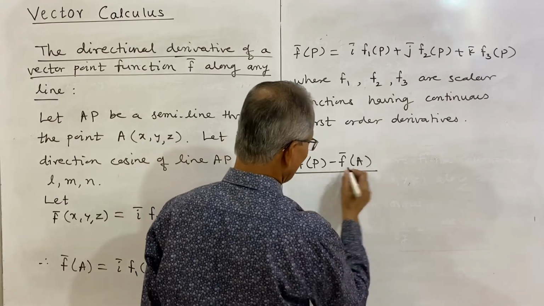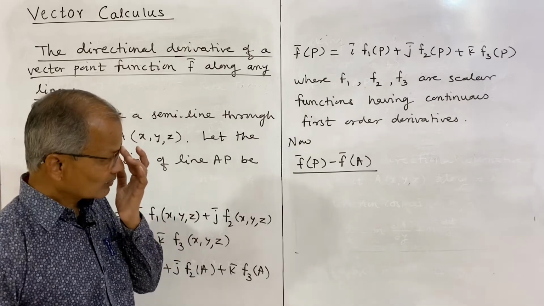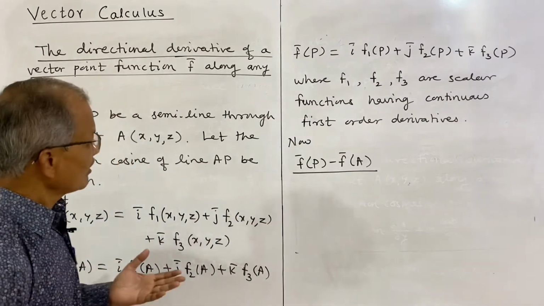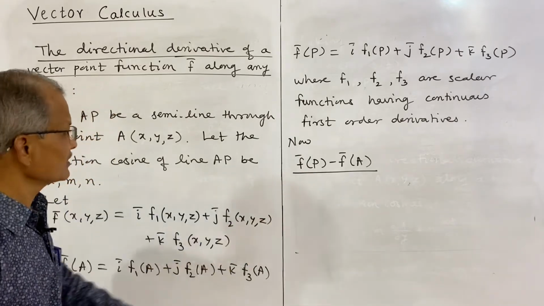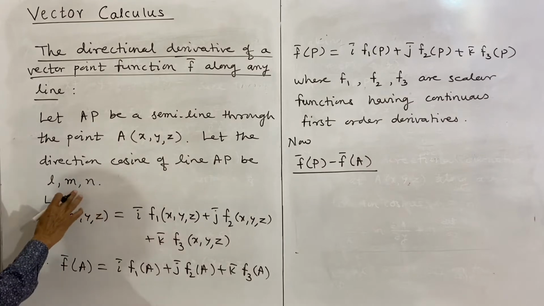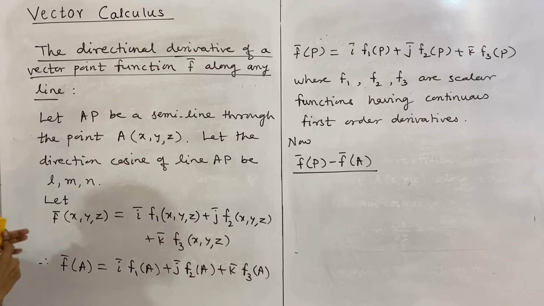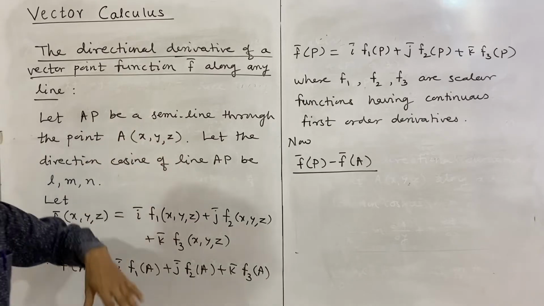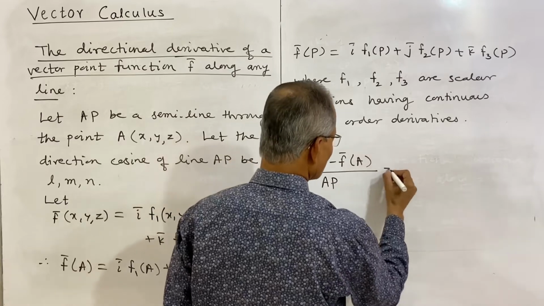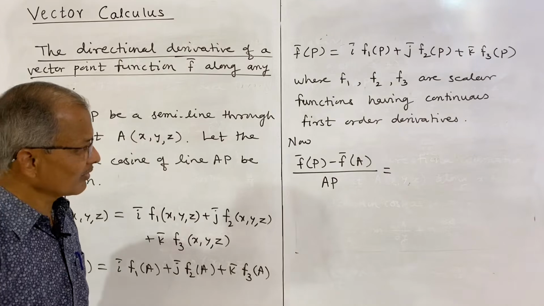Earlier we wrote phi for a scalar point function to obtain the directional derivative at A. So we take P as a point on the line, and consider f bar P minus f bar A divided by AP. Let the direction cosines of the line AP be l, m, n, where AP is a semi-line through A. If its limit as P tends to A exists, it will be the directional derivative of f bar at A.